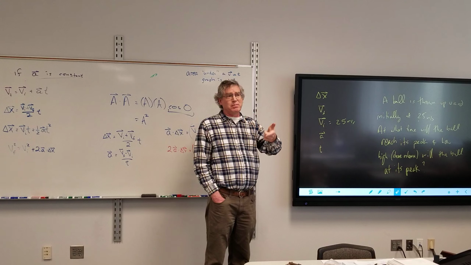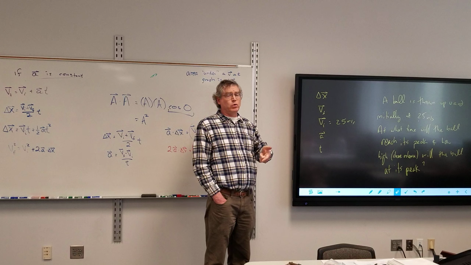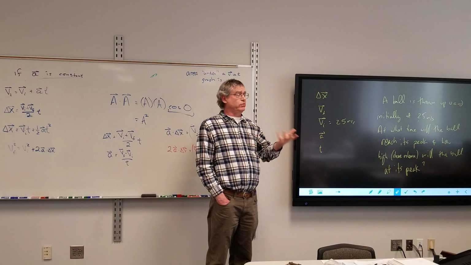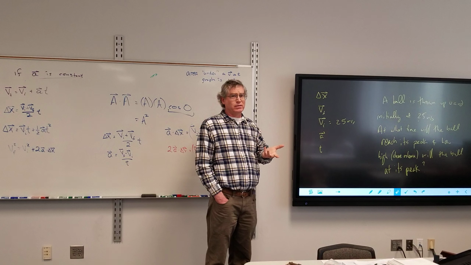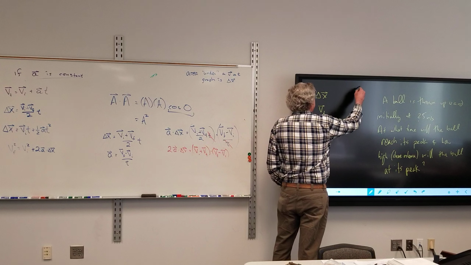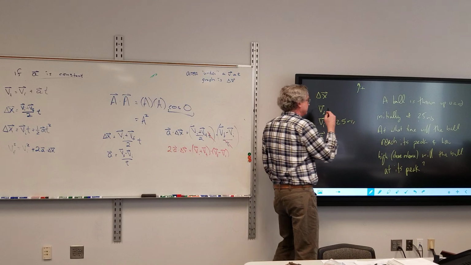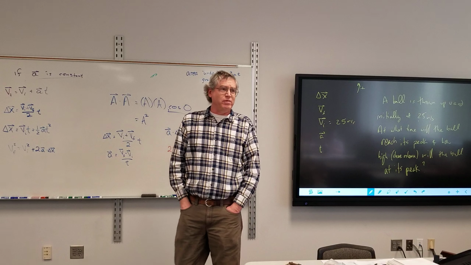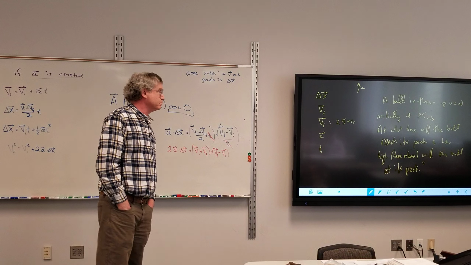That was the assumption he made when he said the initial velocity was 25 meters per second. If you want to make down positive, then my initial velocity is negative 25 meters per second. But we do need to establish what is the positive direction. So if we make up positive, then 25 meters per second is the initial velocity.